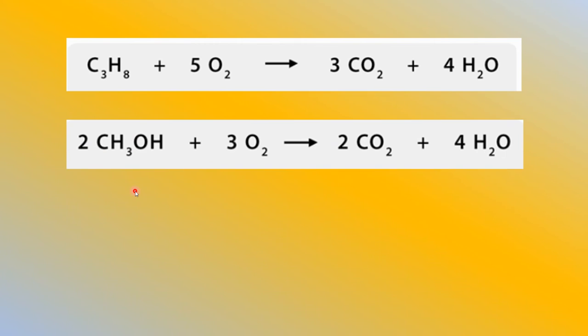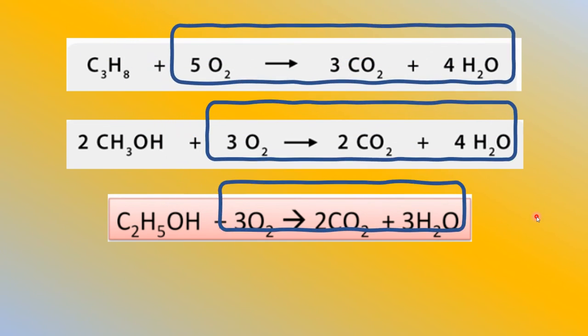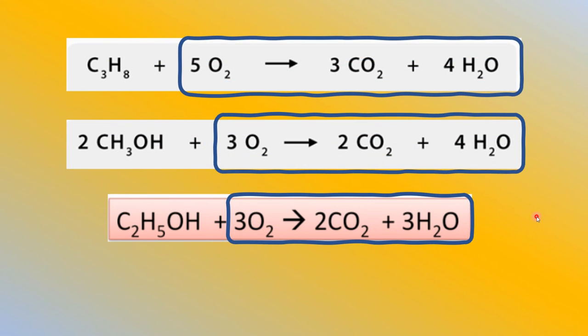So if we want to be a little more specific, I'm going to give you 3 different combustion reactions. So these are all types of combustion: a hydrocarbon plus oxygen, hydrocarbon plus oxygen, hydrocarbon plus oxygen. And I want you to notice a few things. Number 1 is that the ending parts are the same even if the numbers in the front are different.